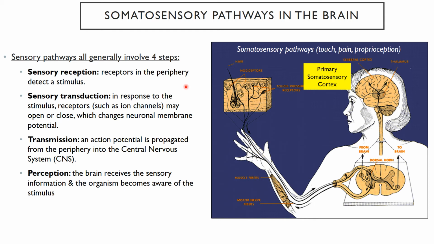Then we have the transduction of that information into opening or closing channels. In this case, say chemical or heat or shearing or acid will cause an influx of ion channels through those receptors. That's the sensory transduction part. Then we have transmission, which we just talked about, the spinothalamic tract. And then the last thing is perception.